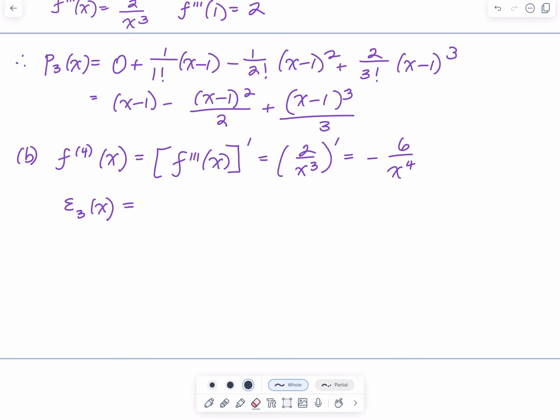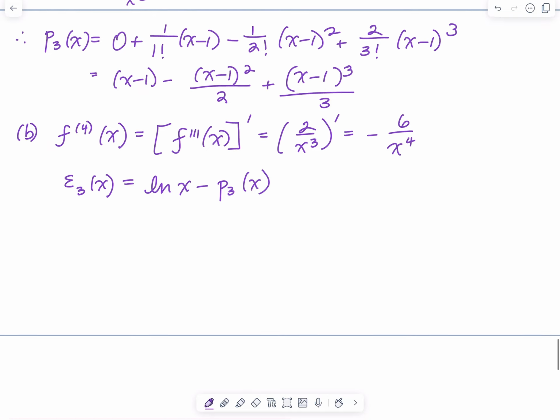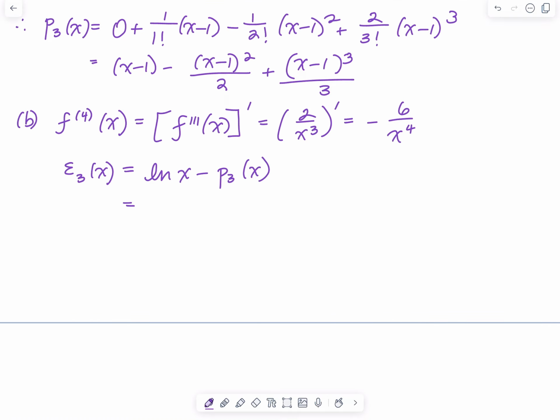So here we have the natural log of x, which is our function, minus that third degree polynomial that we have up there. So that is going to be equal to the fourth derivative evaluated at xi divided by 4 factorial multiplied by x minus x naught to the fourth power.